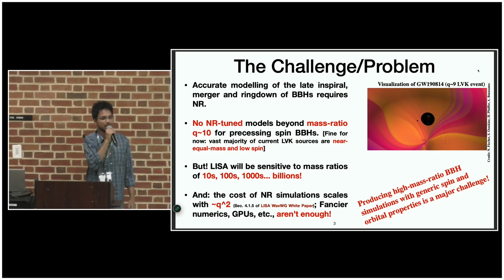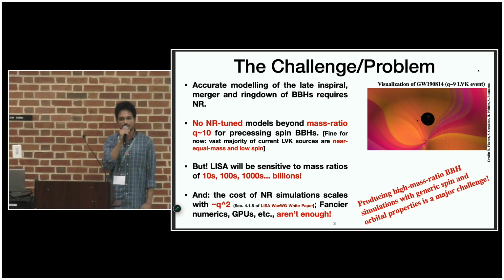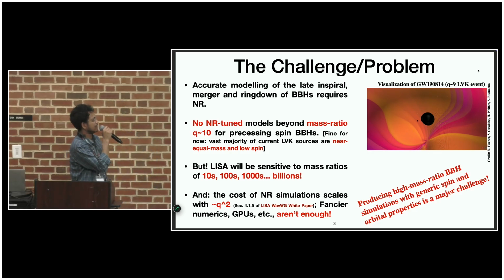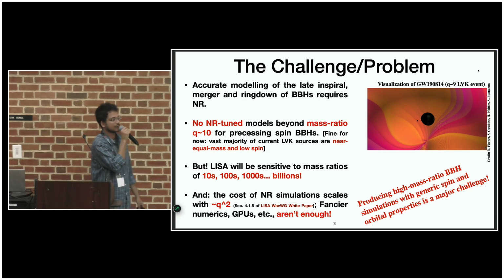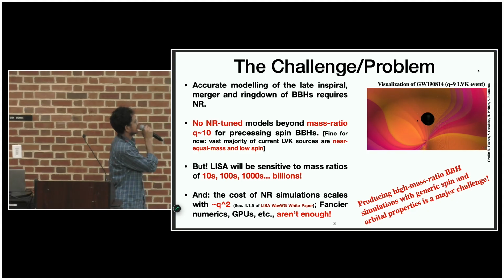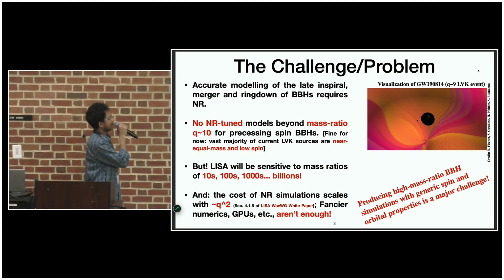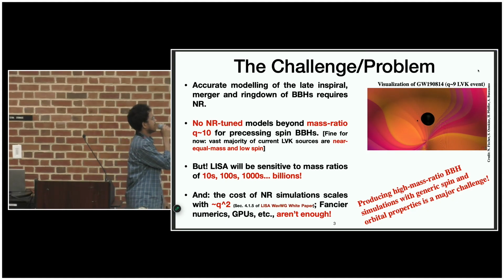But that's fine for current observations within LVK, because we pretty much observe equal mass, mostly non-spinning binaries. The most asymmetric binary we have observed so far is GW190814, which was a small spinning binary with a mass ratio of about 10. But for LISA, it's a different problem.